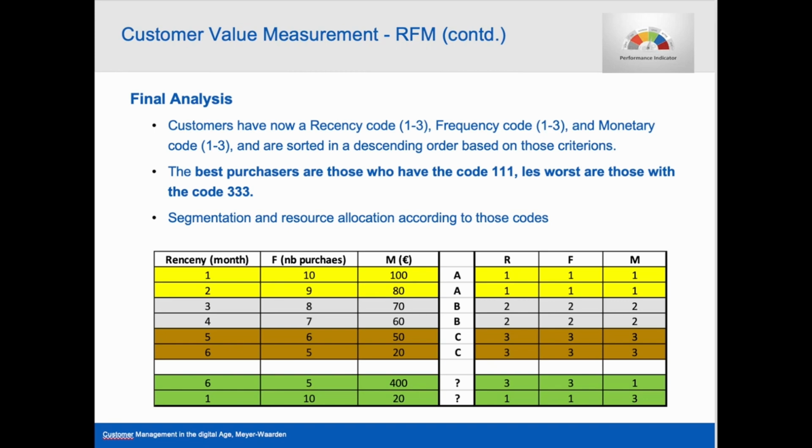On the other hand, you might have customers with 3 for recency, 3 for frequency, but 1 for monetary amount. This would be a highly interesting customer because he does not buy many times, so his recency is low and his frequency too. But when he buys, he buys a lot. So it would be interesting to convert this customer, to make him a recent and frequent customer, in order to make this 331 customer a 111 customer.